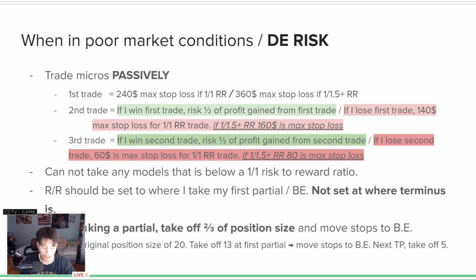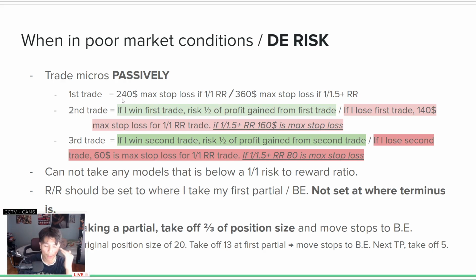So if market conditions are really poor, then you want to risk on, actually. De-risk, it should be risk on. Okay, so trading micros passively, the same concept still applies, just the numbers are a little bit different.